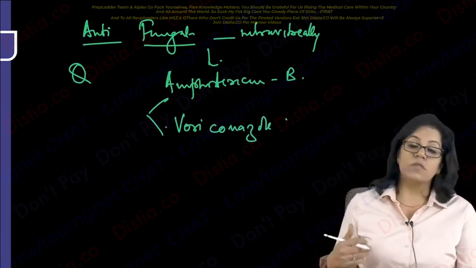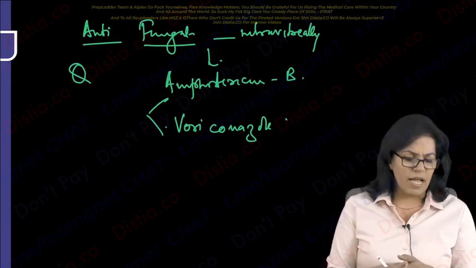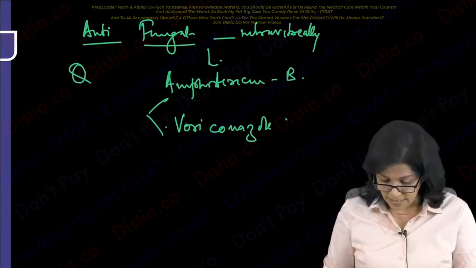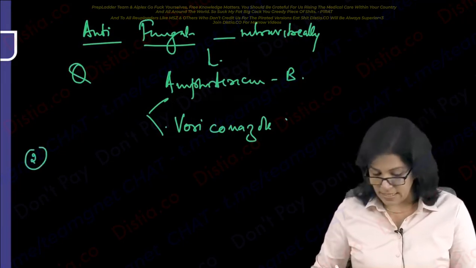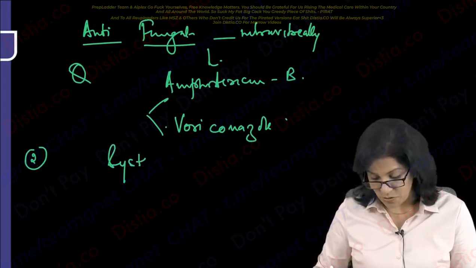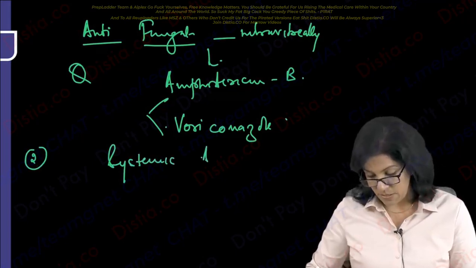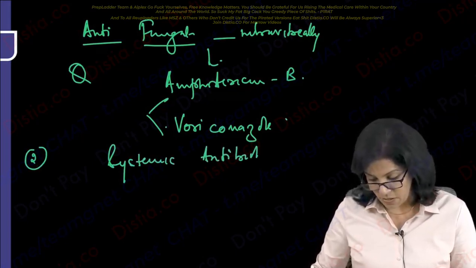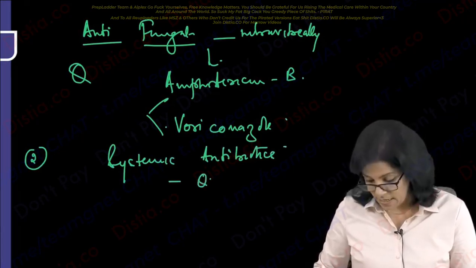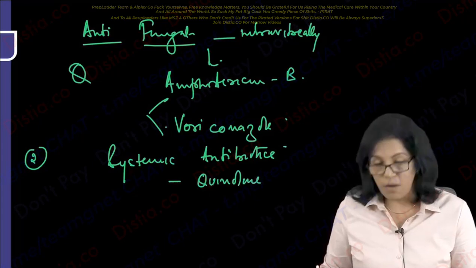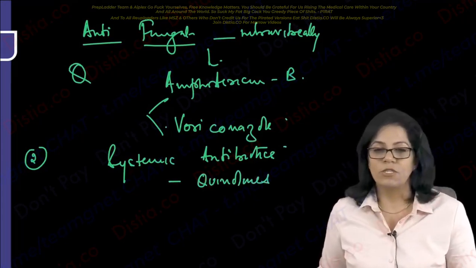And of course, I am not only giving this intravitreally, I may give some systemic antibiotics as well. Among systemic antibiotics, mainly I should choose quinolones because the ocular penetration of quinolones is much better. Now, topical and subconjunctival antibiotics are not of much use.